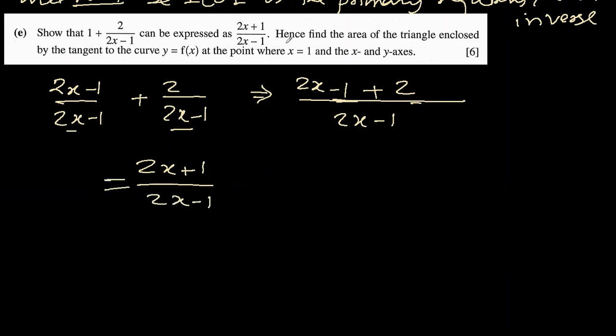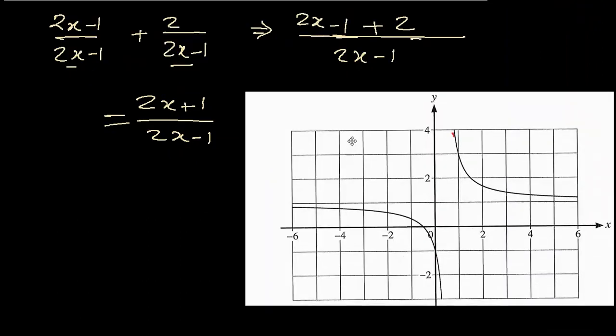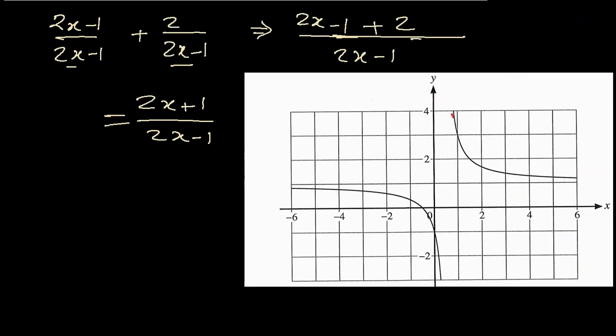Let's find what is the second thing. Hence, find the area of the triangle enclosed by the tangent to f(x) at point x equal to 1 and x-axis and y-axis. So we need this is x equal to 1, so somewhere like this.